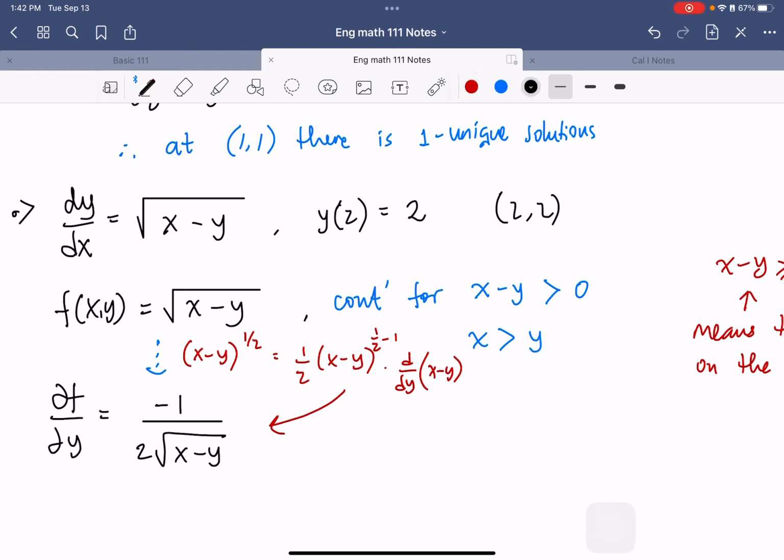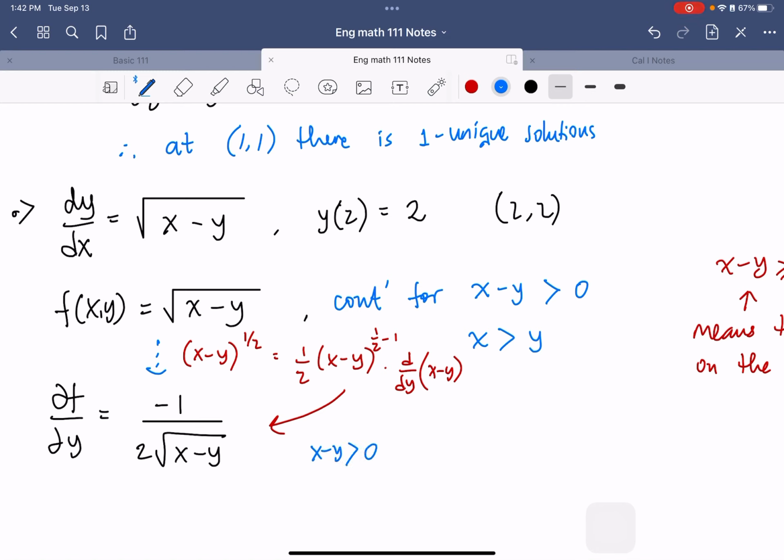Therefore, if you want to know the process, I think it also resolves the same: x minus y should be positive.